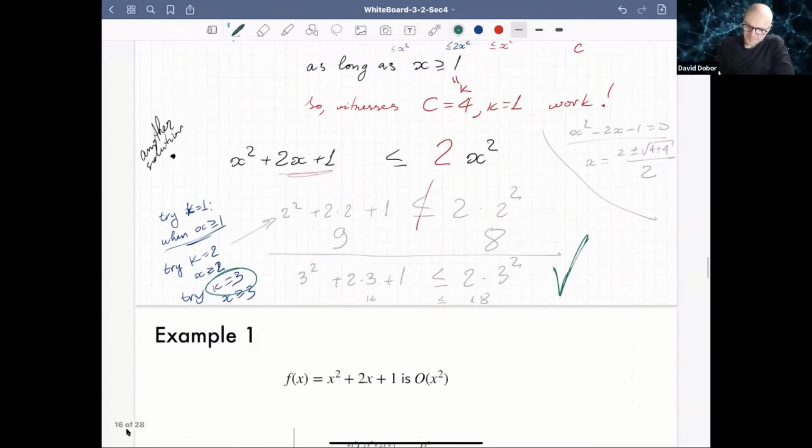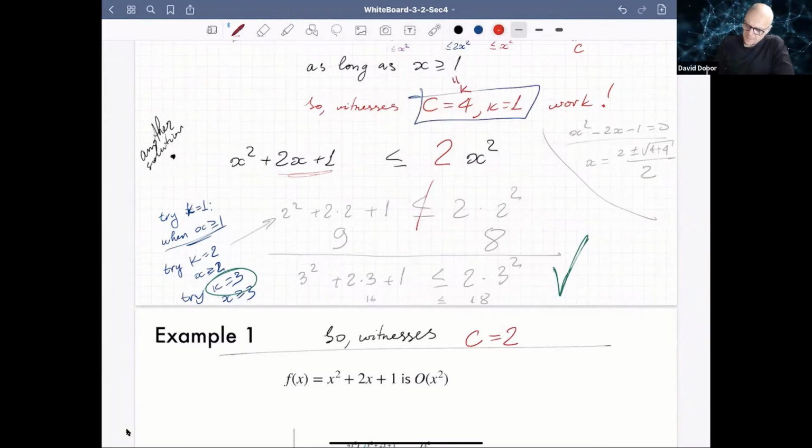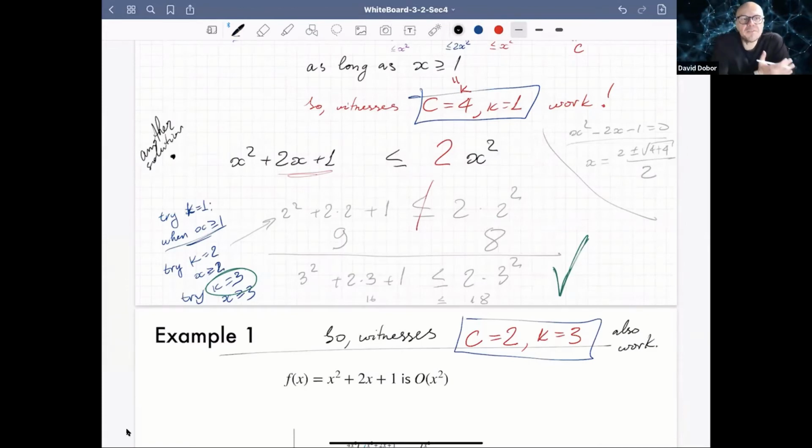So witnesses: c equals 2 and k equals 3 is one pair of witnesses. Other choices also work. Make sense? Because we just fit the definition to this particular example.